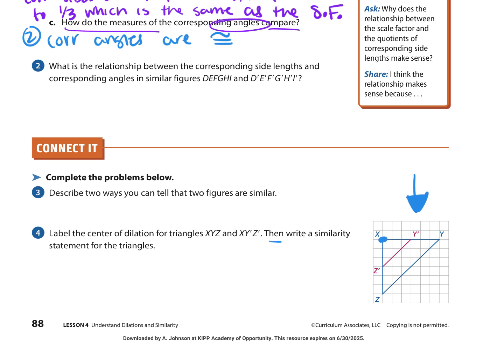Now they want us to write a similarity statement. And this is really simple because they're telling us it's for these triangles. They gave us the letters and everything. So we're going to write a statement just using our math symbols. So for triangle XYZ, we don't write the word triangle. We just draw triangle XYZ is similar to the symbol.